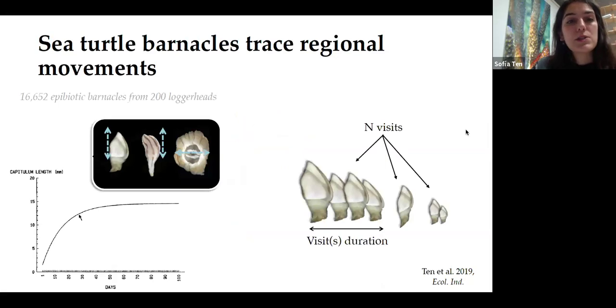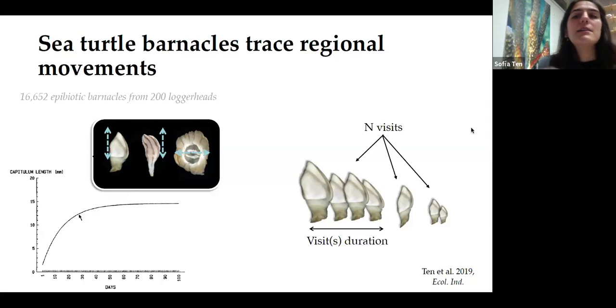What we also did was to measure all the barnacles, so almost 17,000 barnacles from 200 sea turtles. We measured all of them and we used already published growth curves to estimate their age, so basically the time since attachment on the sea turtle. And by that, what we could do for each turtle is to identify age clusters for each barnacle species.